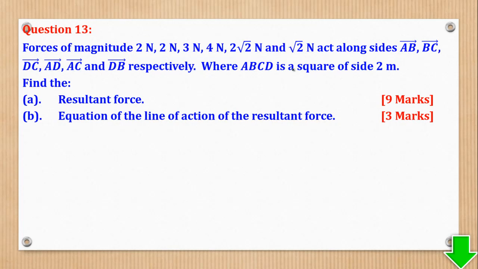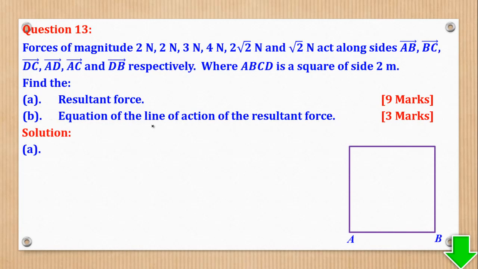Where ABCD is a square of side 2 meters. Find Roman 1 the resultant force, and Roman 2 the equation of the line of action of the resultant. So that is a square. Labeling should be anti-clockwise. Don't interchange.